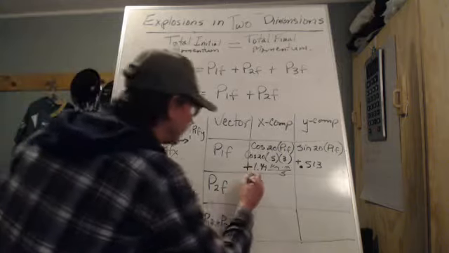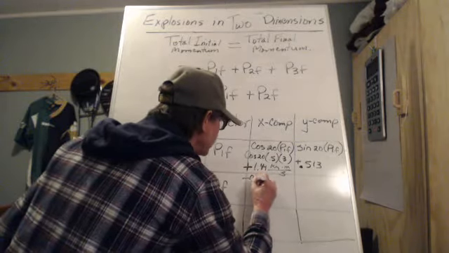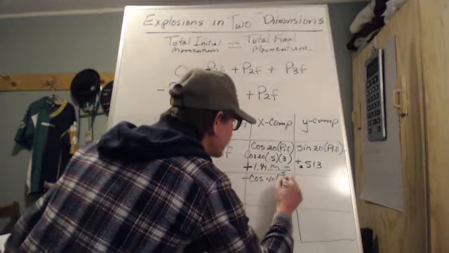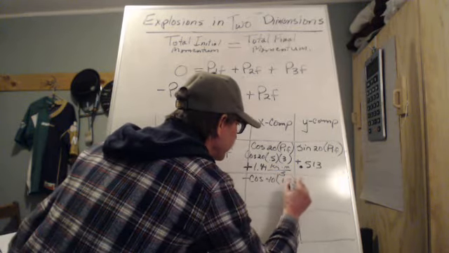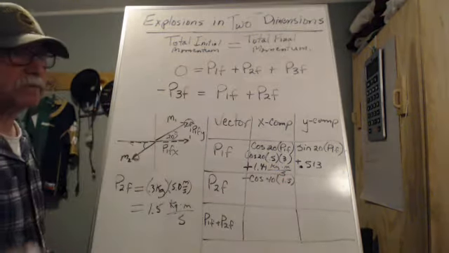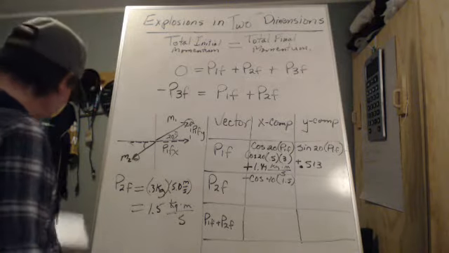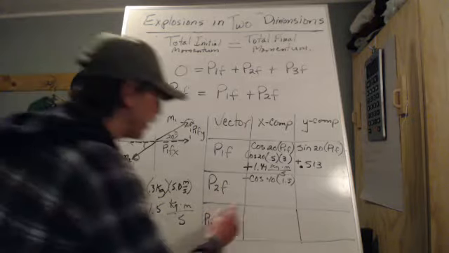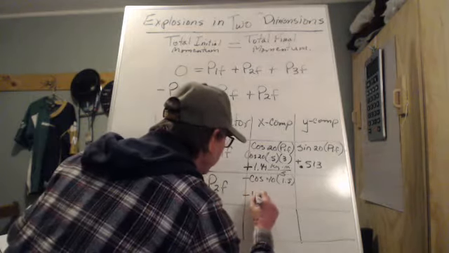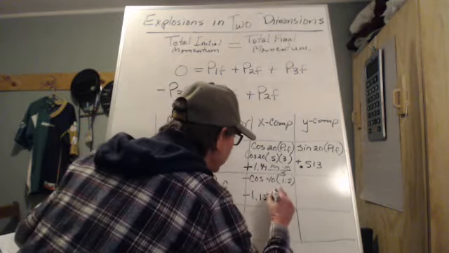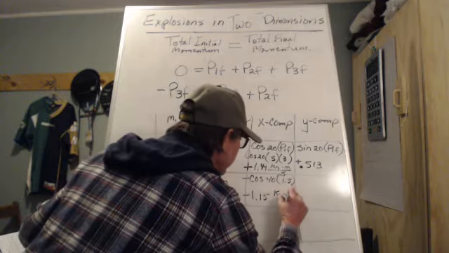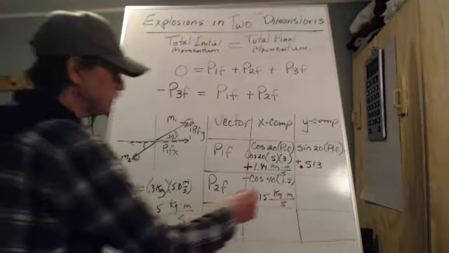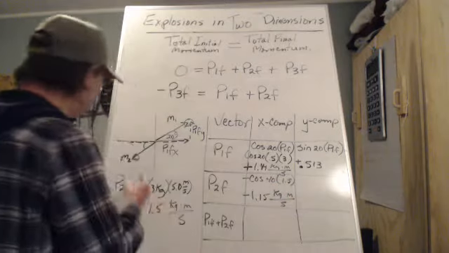So again, it's going to be negative cos 40 times 1.5 kilogram meters per second. I'll give you the answer straight away. It's negative 1.15 kilogram meters per second.